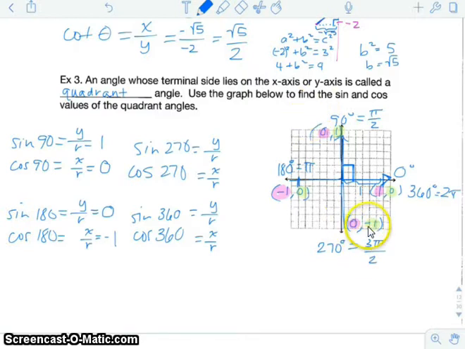At 270, my y value is -1 and my x value is 0. And at 360, my x value is 1 and my y value is 0. These values are going to be key when we start graphing the functions in 5.4.